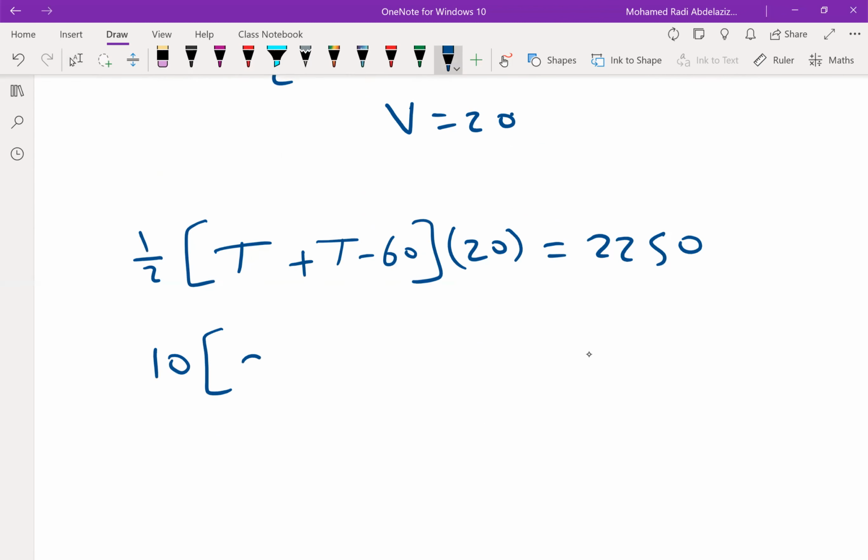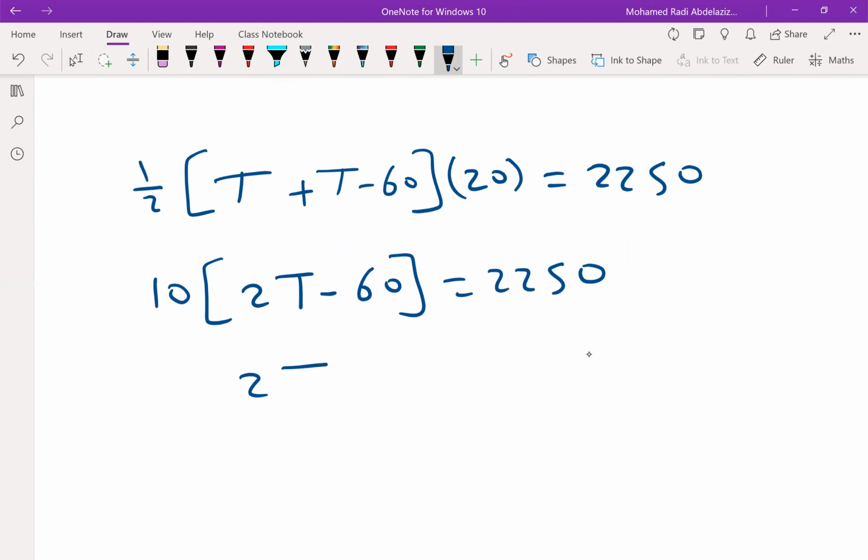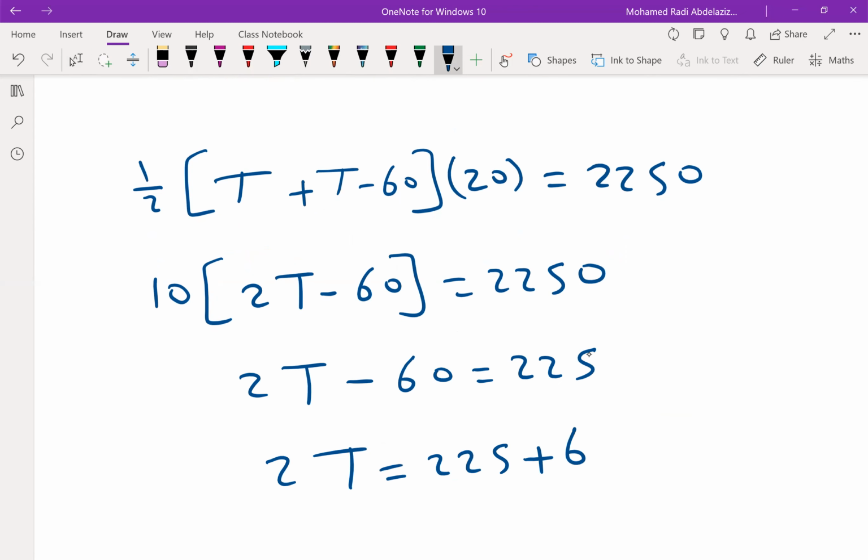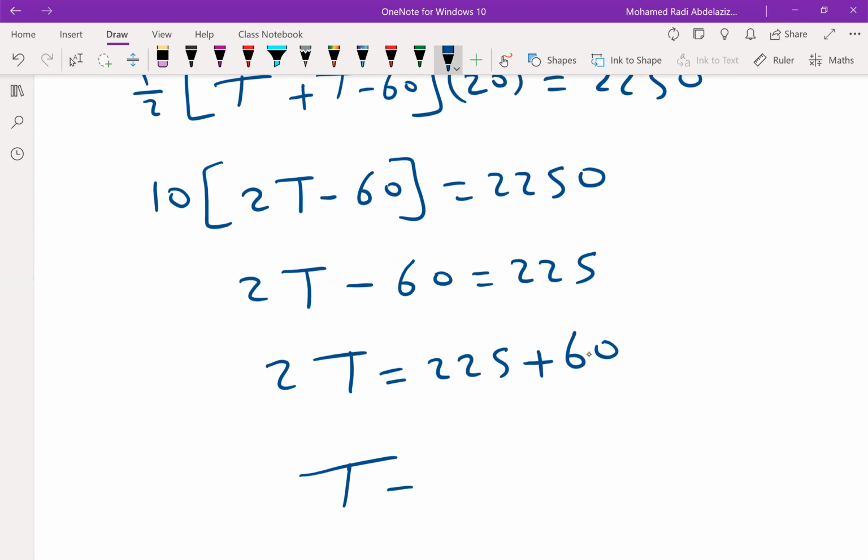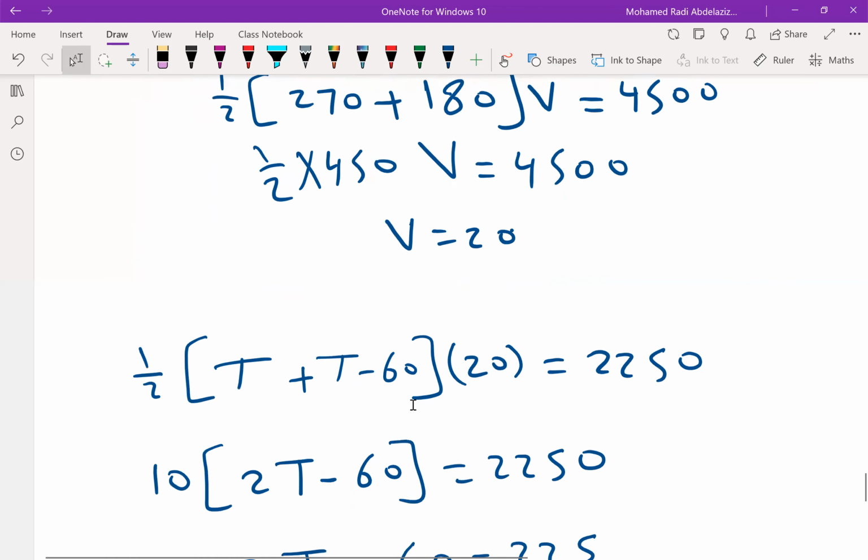So 2T minus 60 is equal to 2250 divided by 10, so 2T minus 60 is equal to 225. So 2T is equal to 225 plus 60. Then divided by 2, T equals 285 divided by 2, so the answer will be 142.5. So the time taken to reach the halfway distance is 142.5 seconds.